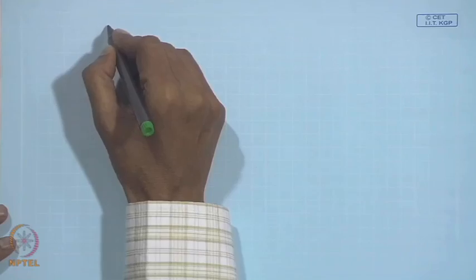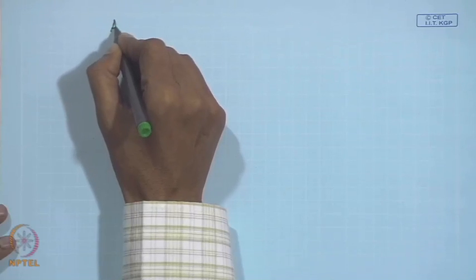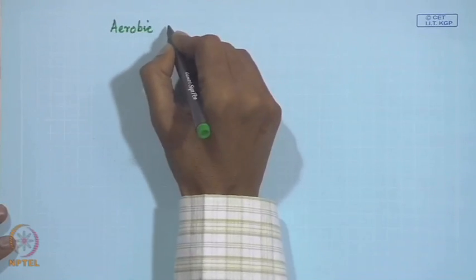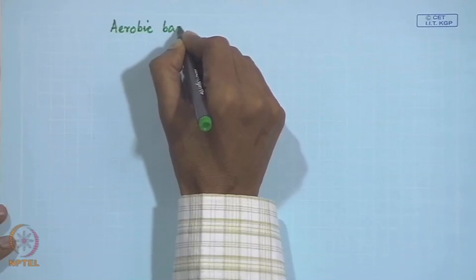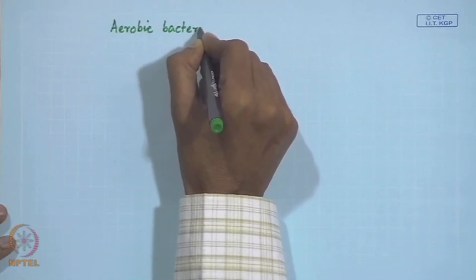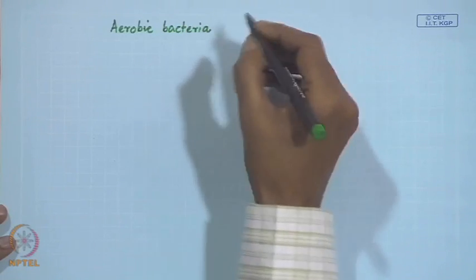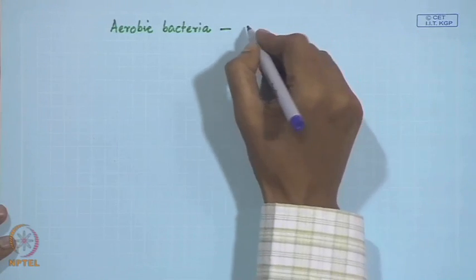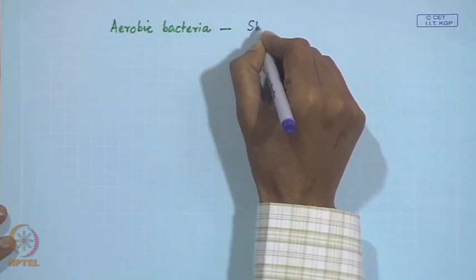But what is the case for this iron transfer for bacteria and small molecules? You will find that in case of aerobic bacteria, we use some interesting molecules which are known as siderophores.